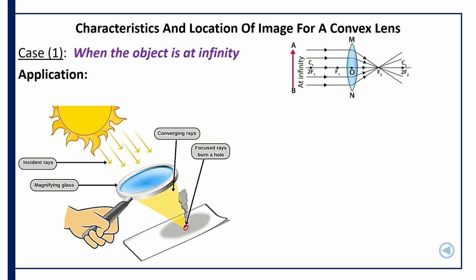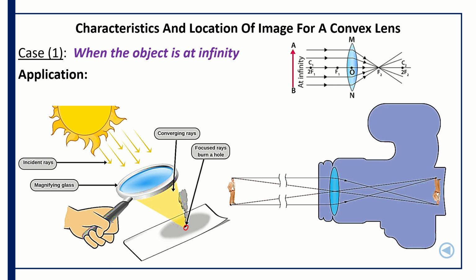Hope you all did this experiment and you are aware how concentrated the rays are, right? So this is one of the applications of the object kept at infinity in front of a convex lens.